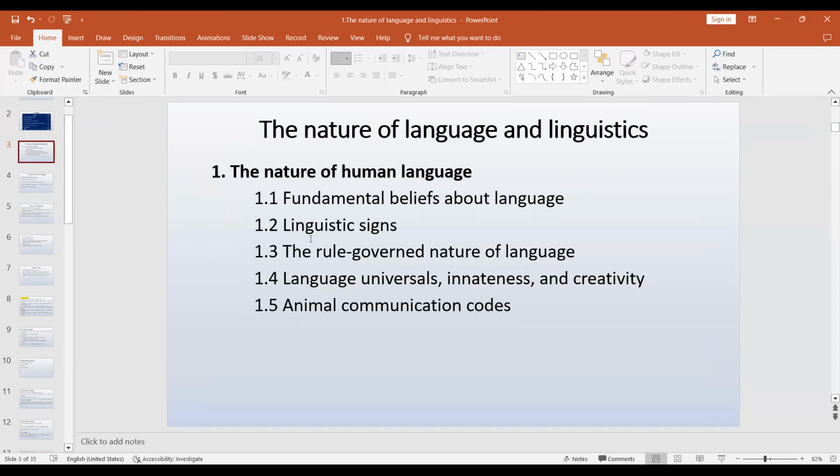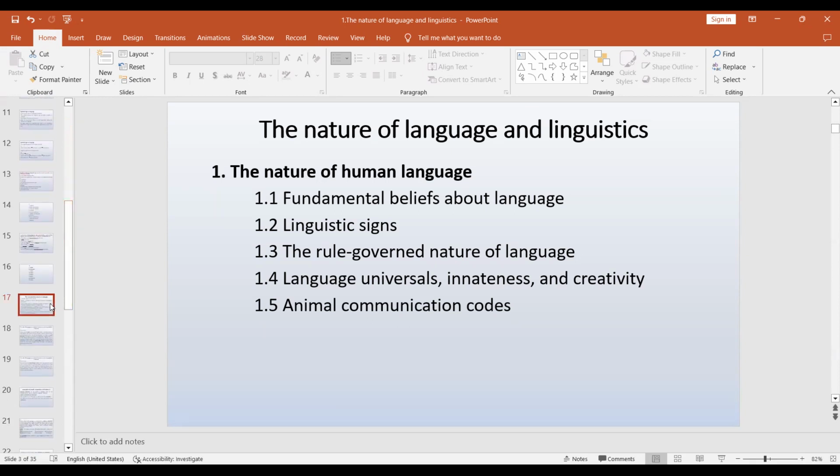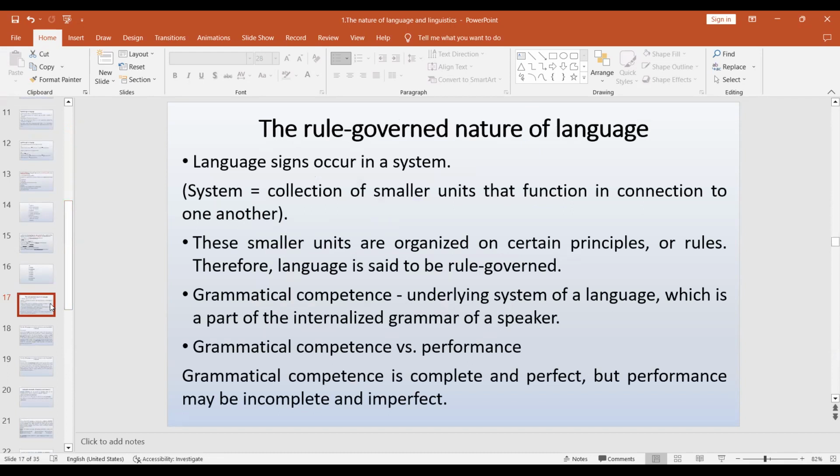I have discussed the first 2 areas: fundamental beliefs about language and linguistic science. And as far as my memory is correct, I think I should continue from the 3rd area, the rule-governed nature of language. Okay, I'll go to the place here.